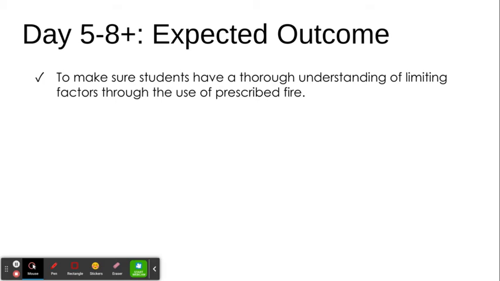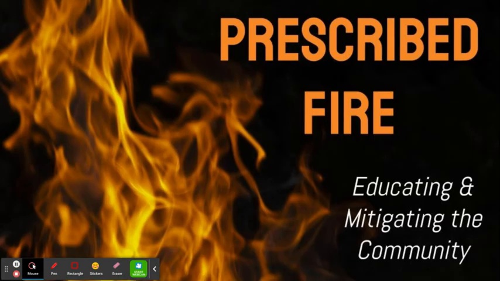They have all those resources at their disposal to now create an educating and mitigating the community slideshow. They can present this slideshow to the class, or once they create their presentation, they can post it onto Flipgrid. That would be up to the discretion of the teacher as well.